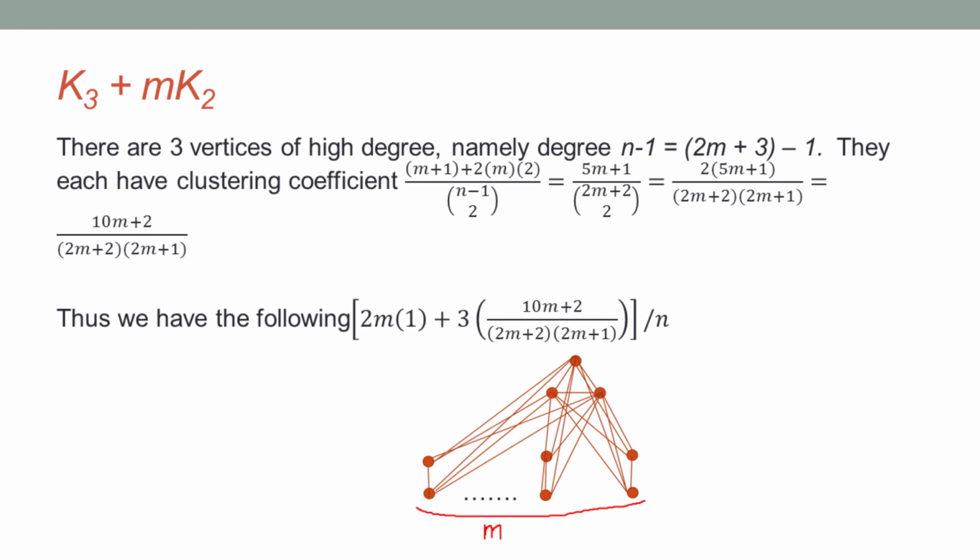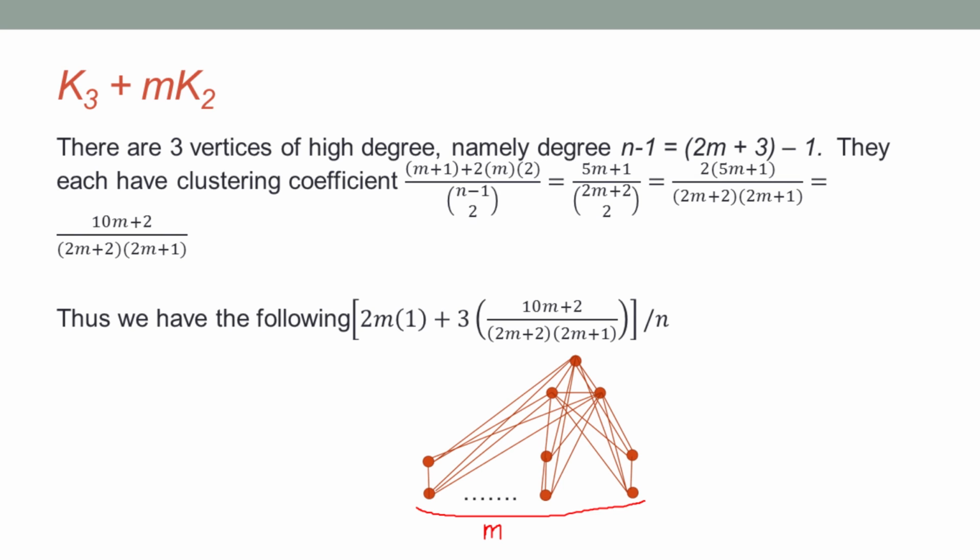So if we increase the number of edges by M, what is the clustering coefficient? Now we did it in the case where M was equal to 3, so some of the arithmetic is still the same. For the vertices of degree n minus 1, we still need to count the total number of edges over n minus 1 choose 2, because they are adjacent to everything.